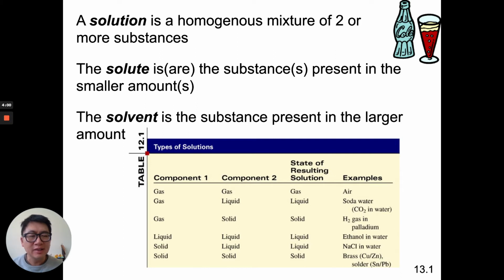I know there are other things in it, but I'm just talking roughly. So your solvent, the larger amount, would be the 80% nitrogen, and the solute is the 20% oxygen. Yes, there's also carbon dioxide and other gases, but I'm just talking about the main stuff right now. So that would work fine in that definition.